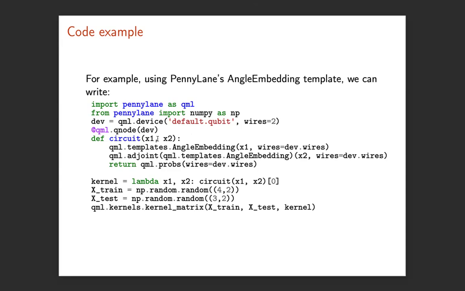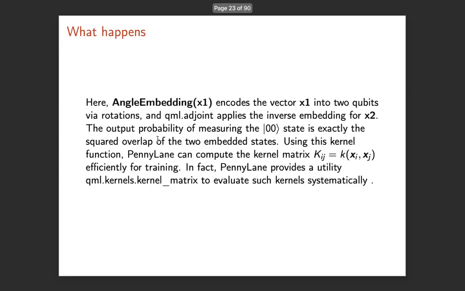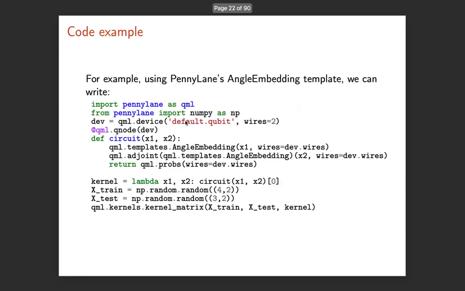So this is a code which you cannot run in your Jupyter notebook, because it's just a skeleton which contains some of the basic ingredients. So angle embedding encodes the vector x1 into 2 qubits via rotations, and QML adjoint, which you have here. So the angle embedding does this angle transformation, which we discussed in the previous lecture.